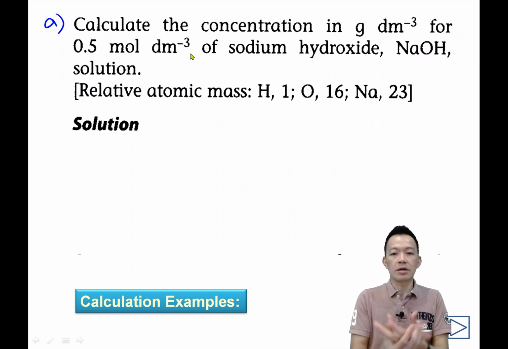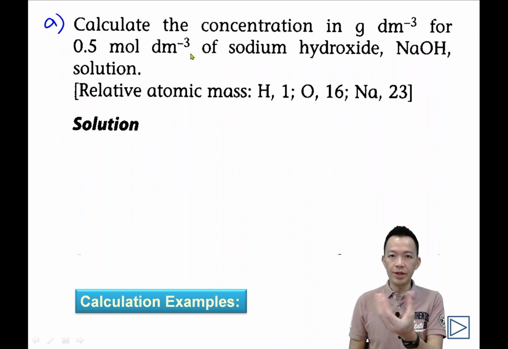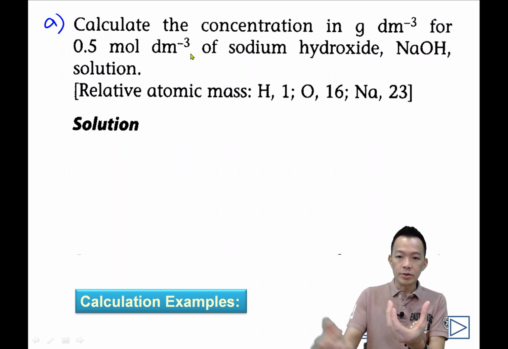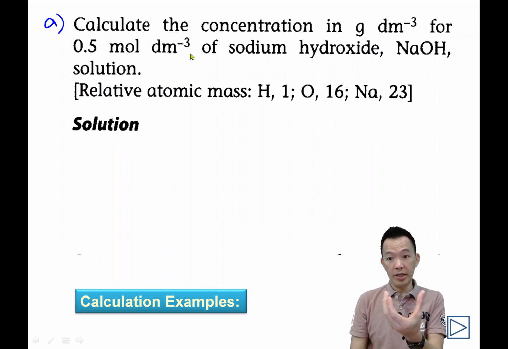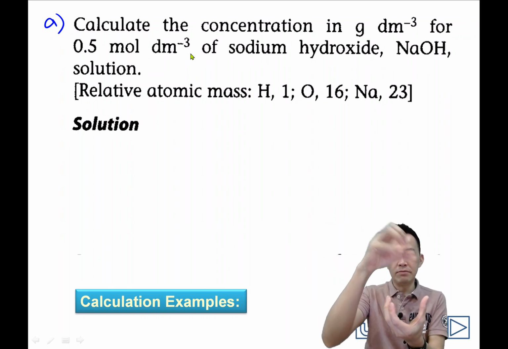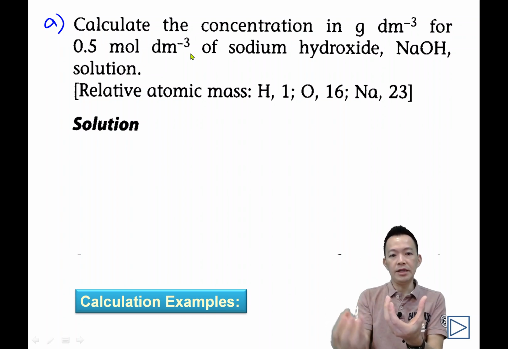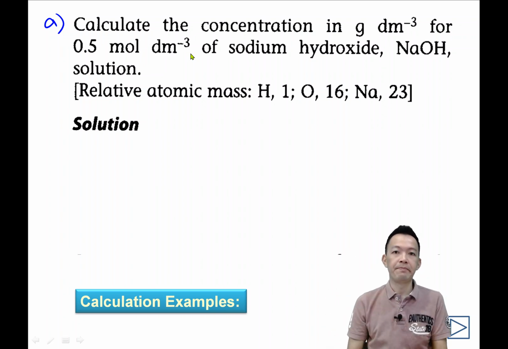So how to prepare this sodium hydroxide? 怎样准备呢? So you prepare 1 liter of water, and you're going to add sodium hydroxide inside, 你将会加 sodium hydroxide 在里面，对不对? But 0.5 mole actually equals how many gram? 0.5 mole 等于多少 gram 呢?不知道，是不是?